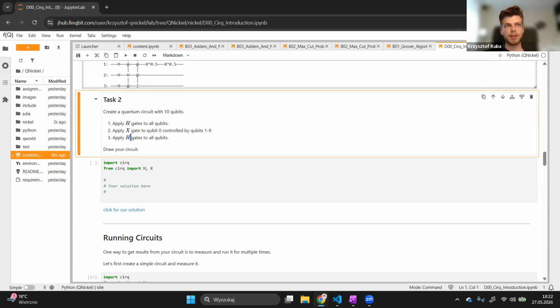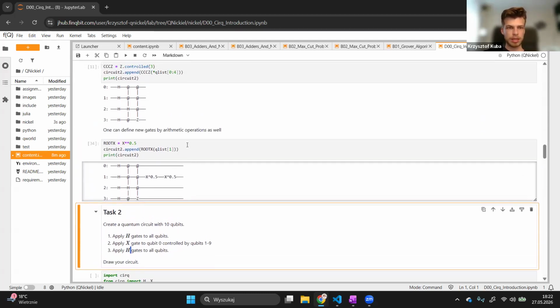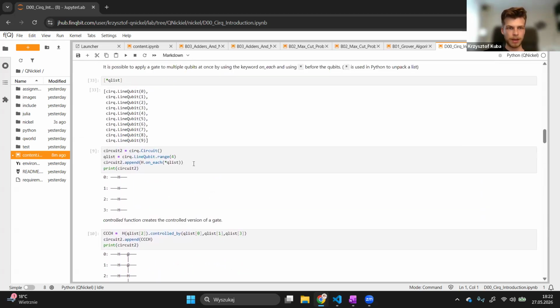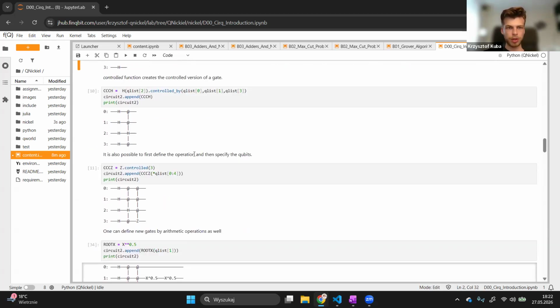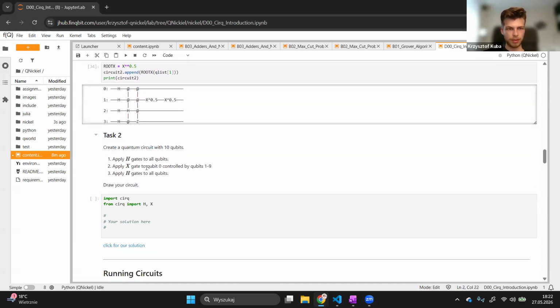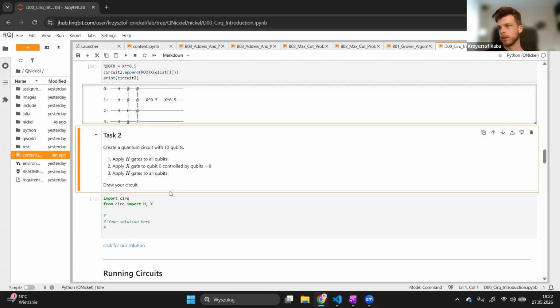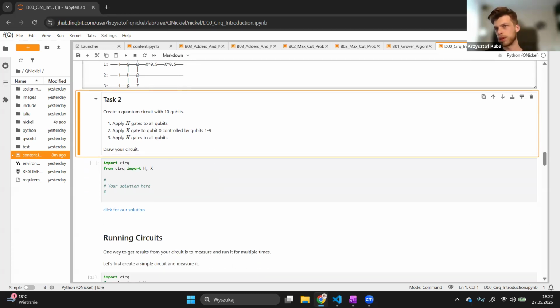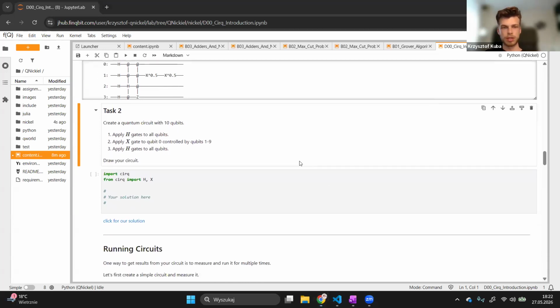So this is basically the same question as before, but now you can use this on each command, and also this controlled by, because this is with 0 controlled by 1 to 9 qubits. So 0 is the target qubit. I'll give you like 2 minutes probably. Write in chat also if you're ready, and then we can go next. And also let me know if you have any questions in the meantime.